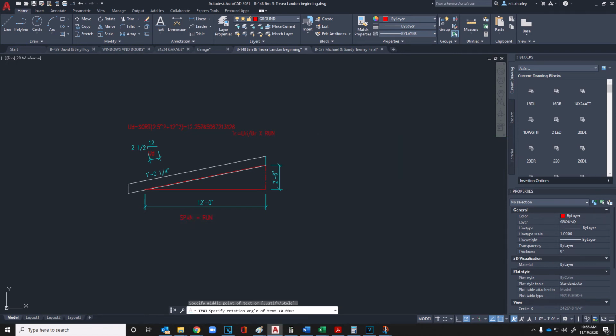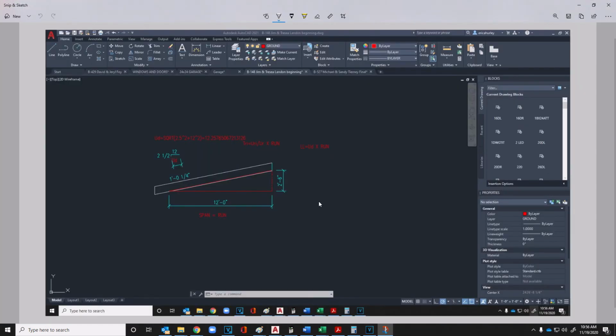So our line length is equal to the unit diagonal times the run. Okay, I'm going to go ahead and just clear out both of these and start a new one each time. That way I don't have to go back and erase everything.